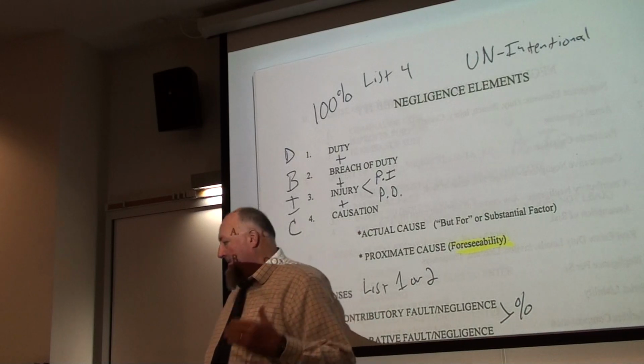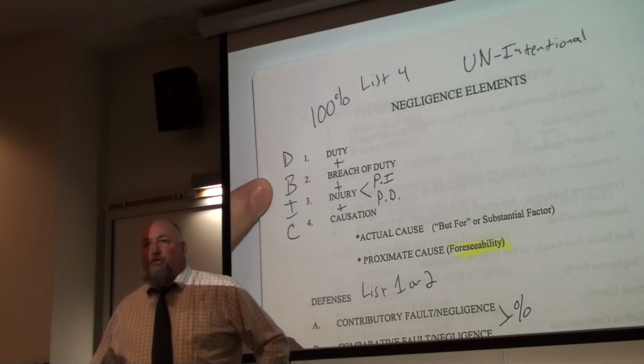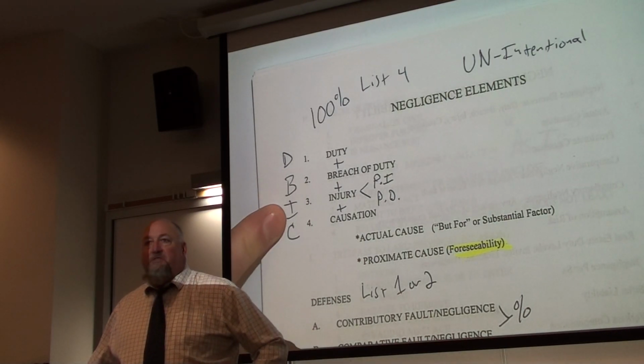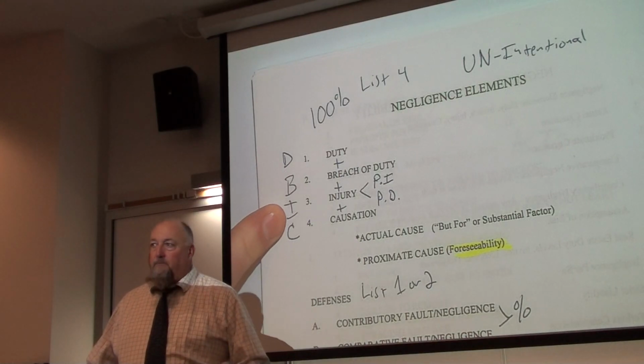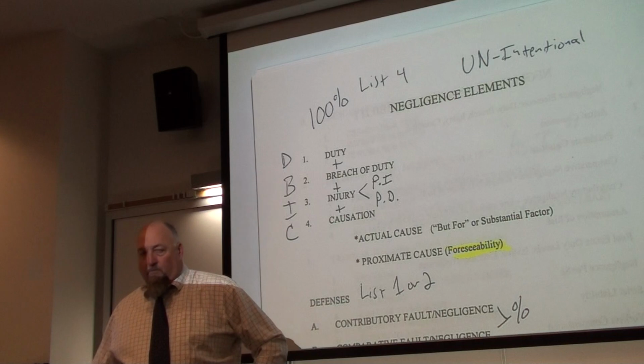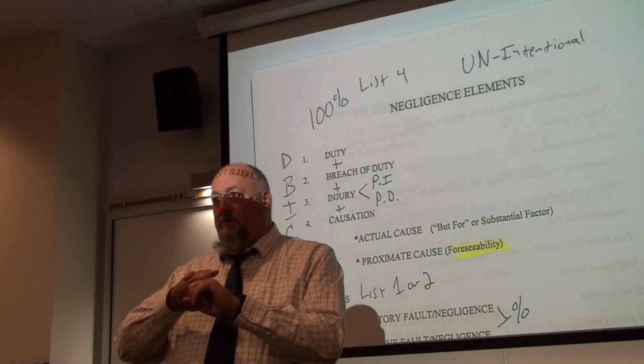So there are four elements: duty, breach or violation of that duty that causes harm, an injury, and causation. That is, what happened has a direct link with the harm that you caused.